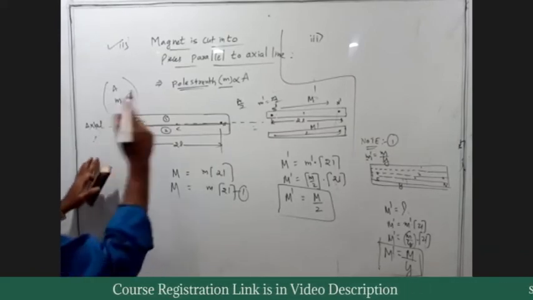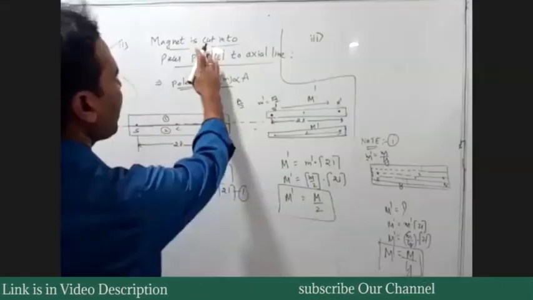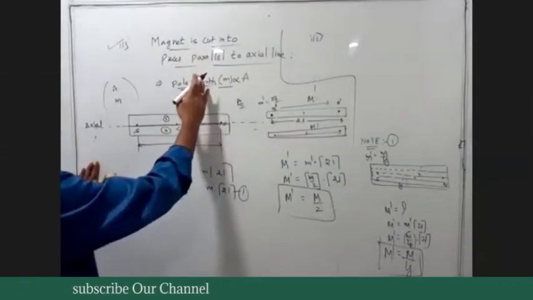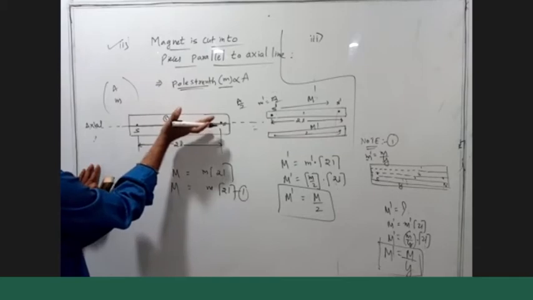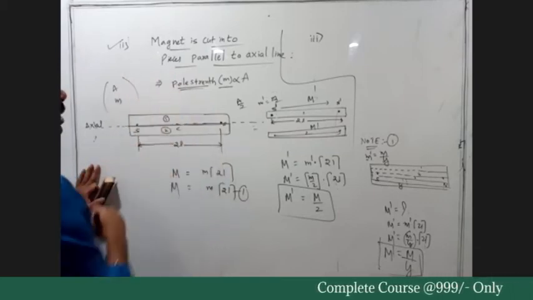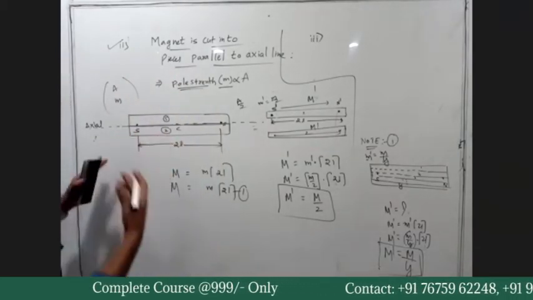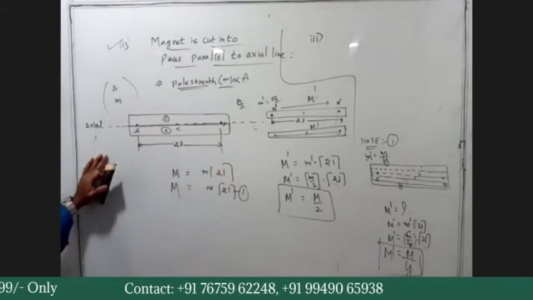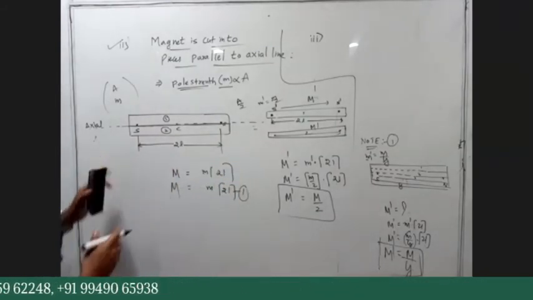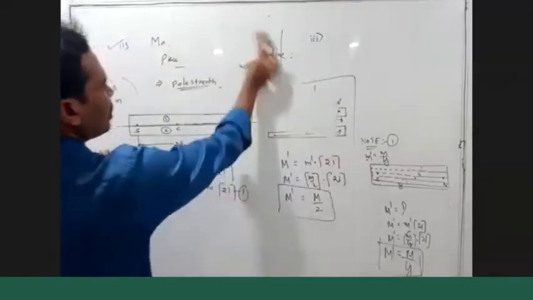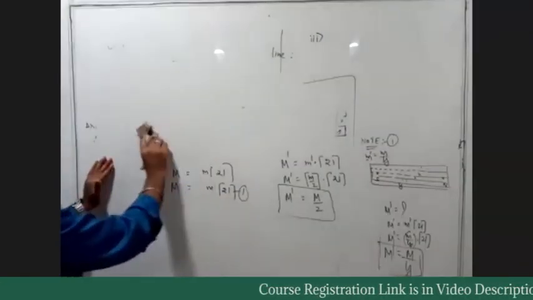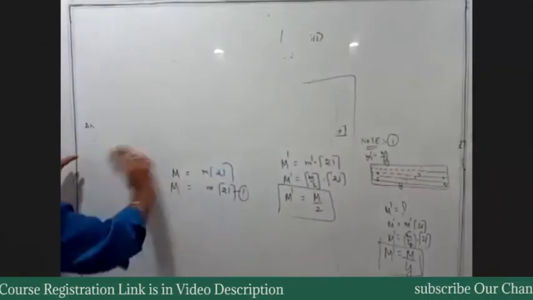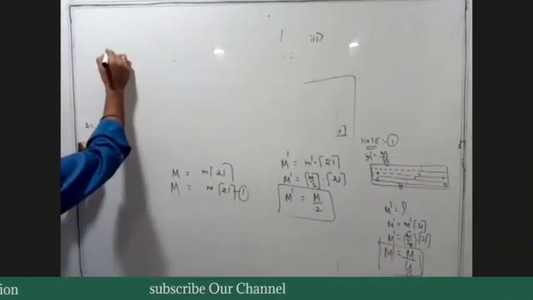Now the next case is the magnet cut into pieces simultaneously parallel to the axial line and perpendicular to the axial line. In that case, what is the new magnetic moment of each piece? So the next case is case 3.